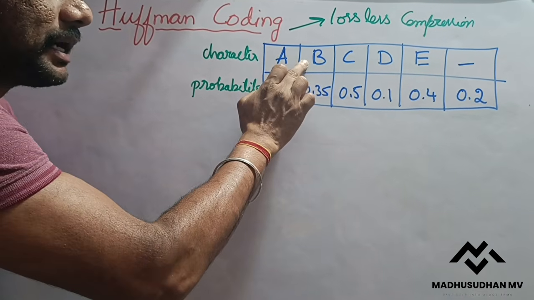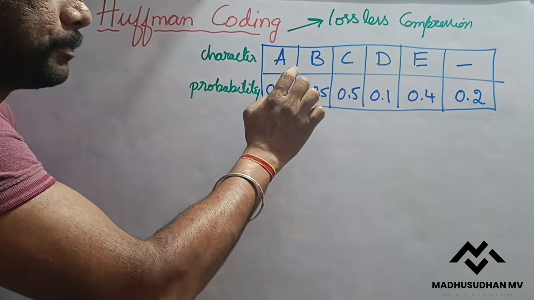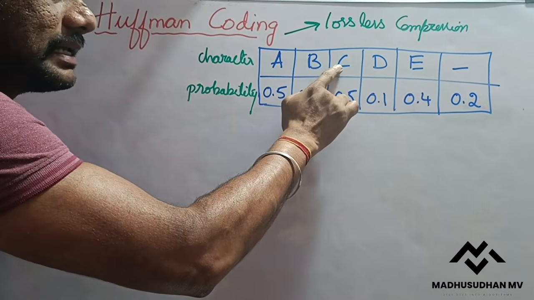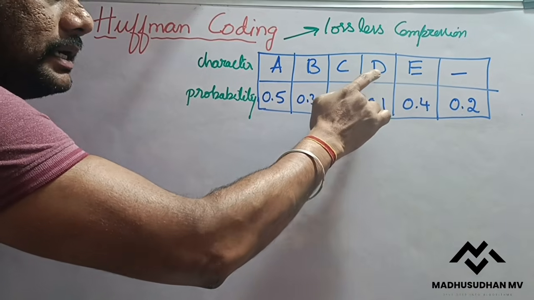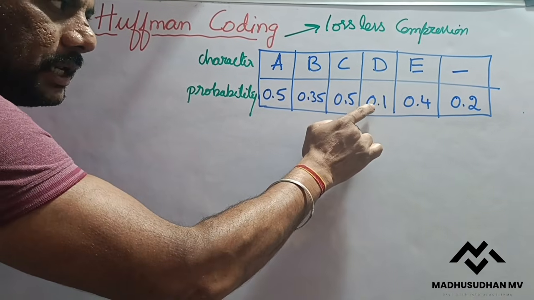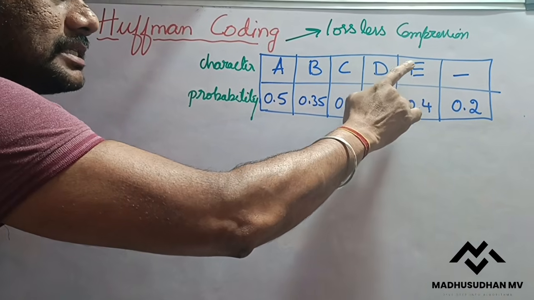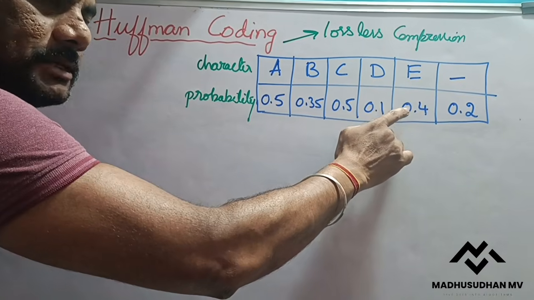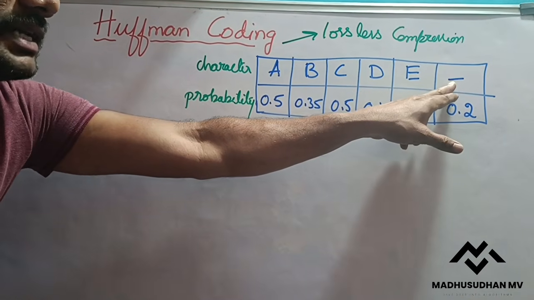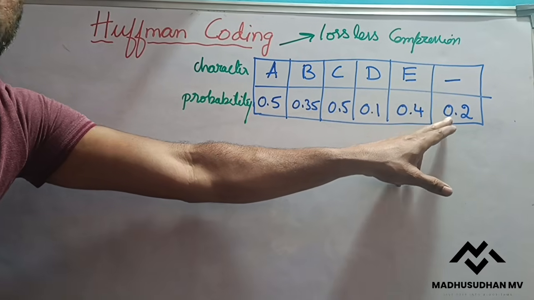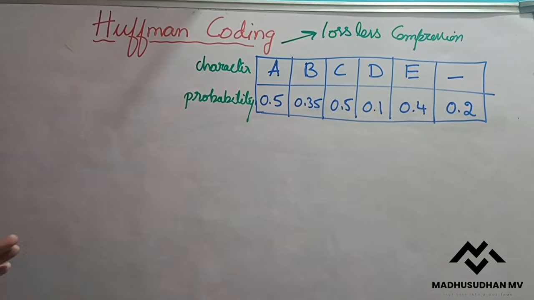B is 0.35, C is 0.5, D is 0.1, E is 0.4, and the underscore is 0.2. So this is the given problem.